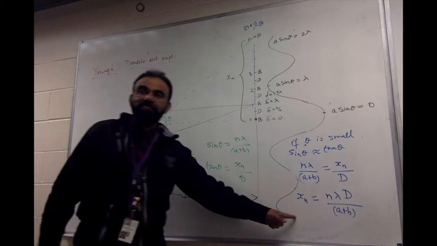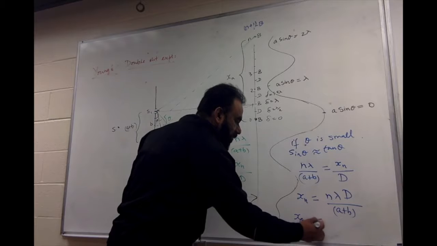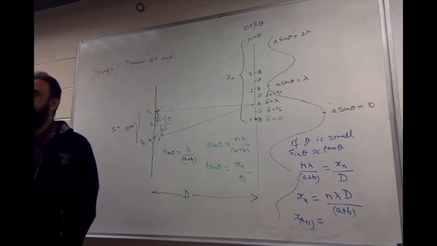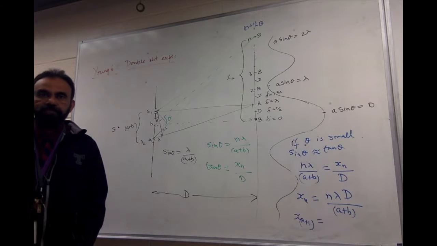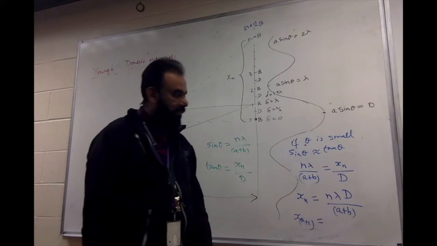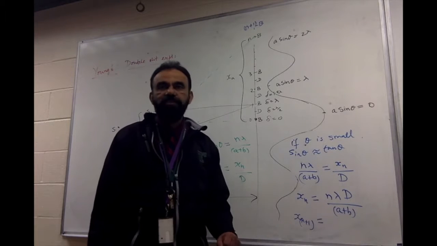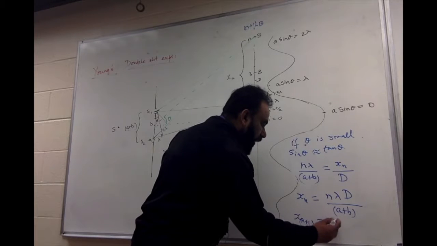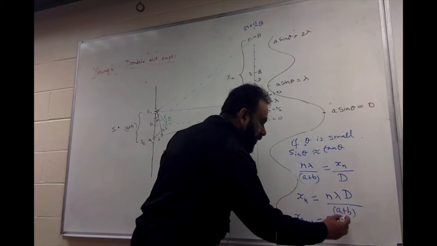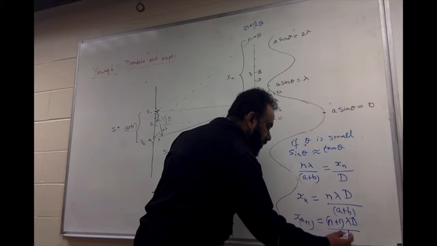So what do you do? xn plus 1 will be what? What will be the change here? Lambda is not going to change, d is not going to change, a plus b is not going to change, just n changes to n plus 1. So (n plus 1) lambda d over a plus b.